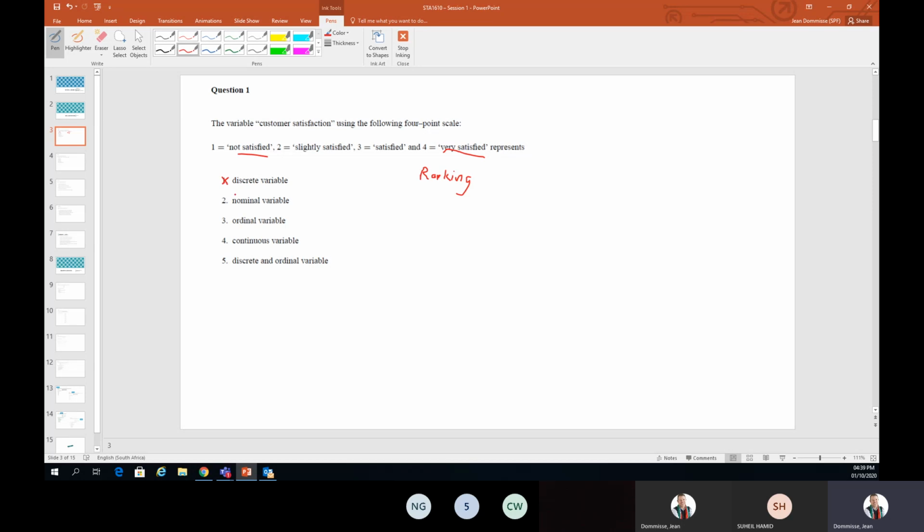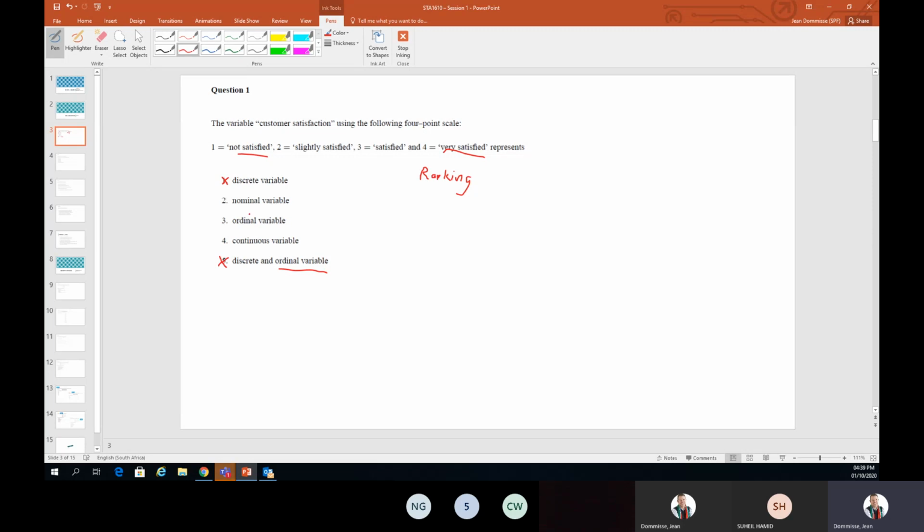So I'll also give you some tips as to how I would have looked at it for the exam. If it's not discrete, it's also not option 5. Then I'm always thinking, why would they have given me an ordinal option as well?